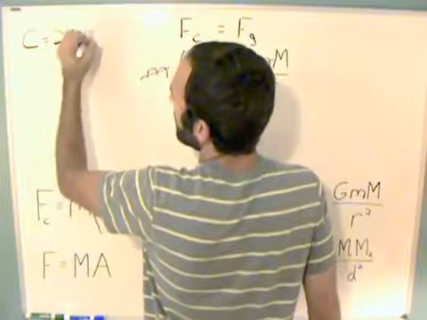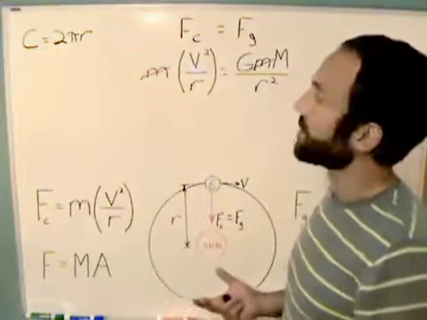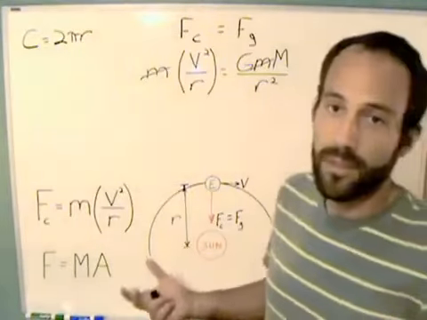So they already knew the distance, so they can figure out the velocity, because velocity is really distance over time.